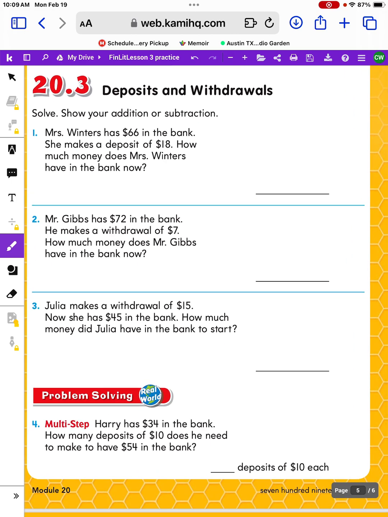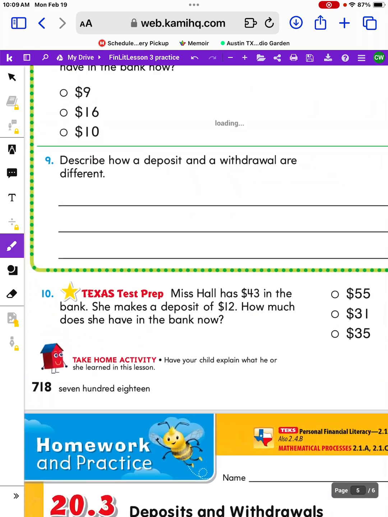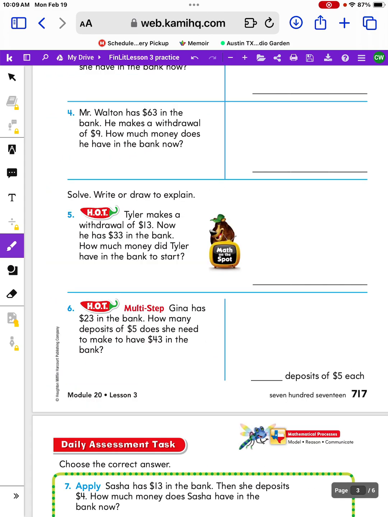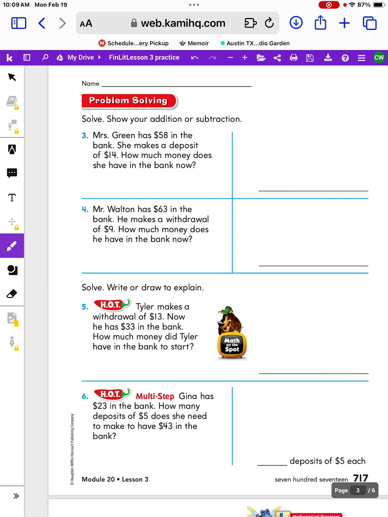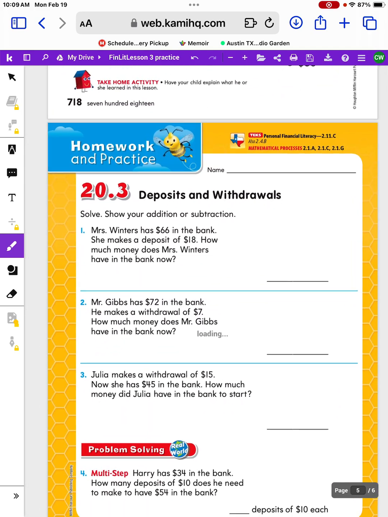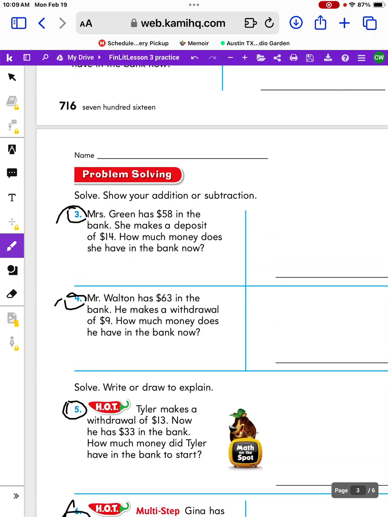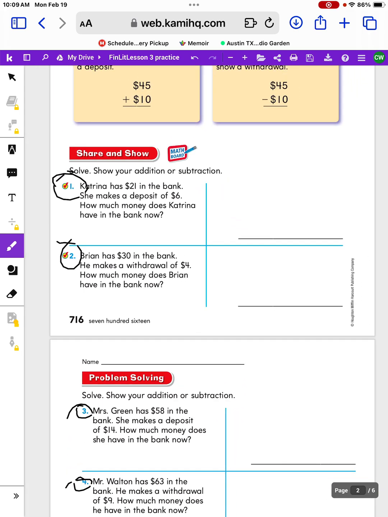So, from the first page, actually 717, you're going to pick 1. You don't need to do 3 and 4. You're going to pick 1 out of 3, 4, 5, or 6. And then your mastery, you're going to do 1 and 2. Okay? So make sure you're showing all of your work whenever you're doing that. But together, we're going to do numbers 1 and 2 so you can see how we're showing our work.